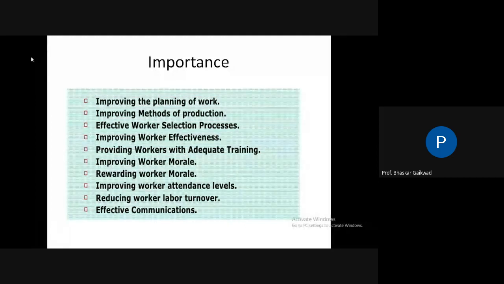That means less labor turnover, and effective communication. Once we know the standard times and the systematic way of doing, reducing the cost, and the quality, proper communication happens because of work study. So these are the importance of work study in the industry.